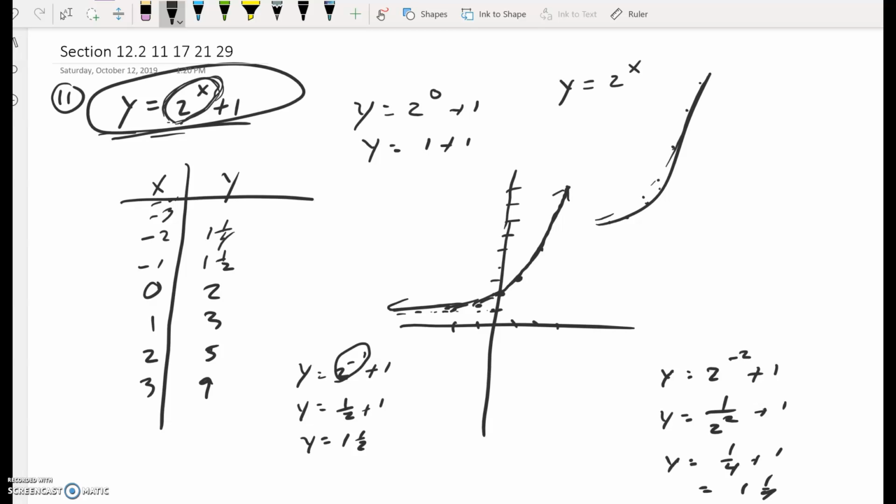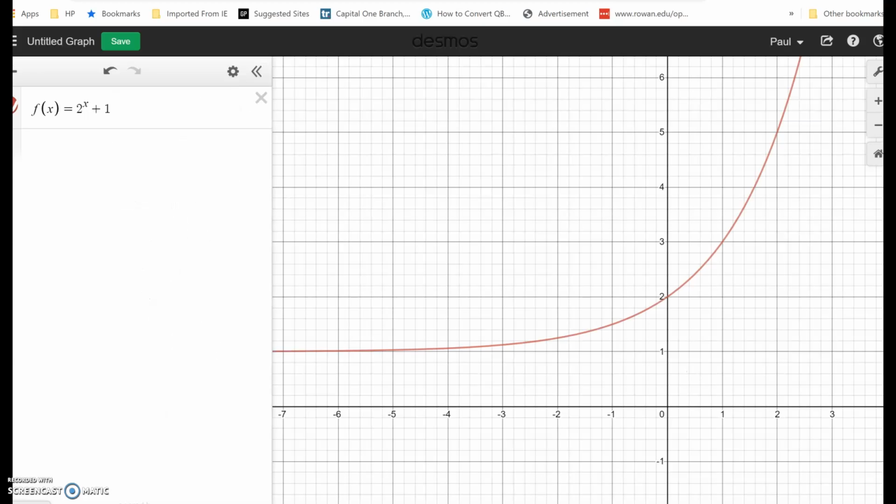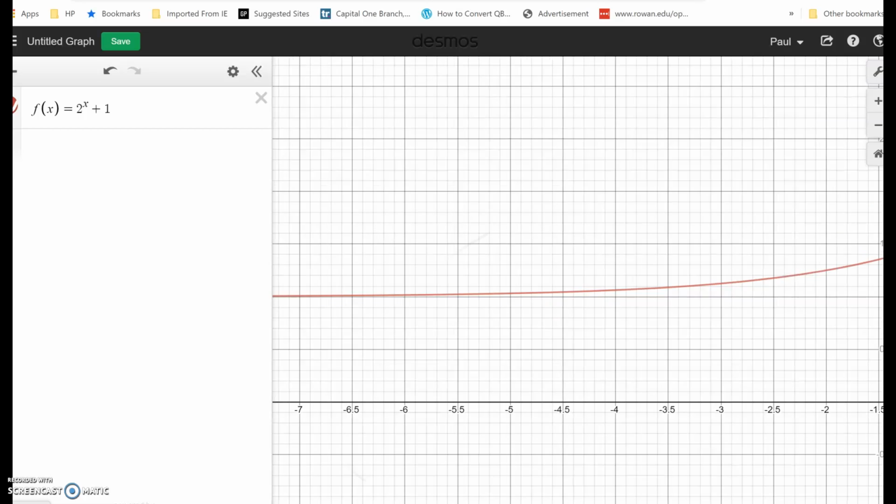Let's see what Desmos has to say. And you can see we have the right y-intercept. We have some correct points. We see that as it comes out to the left, those negative powers of 2 get closer and closer to 0. So when we add 1, they're getting closer and closer to 1, but it never quite touches 1, although visually it looks like it does.